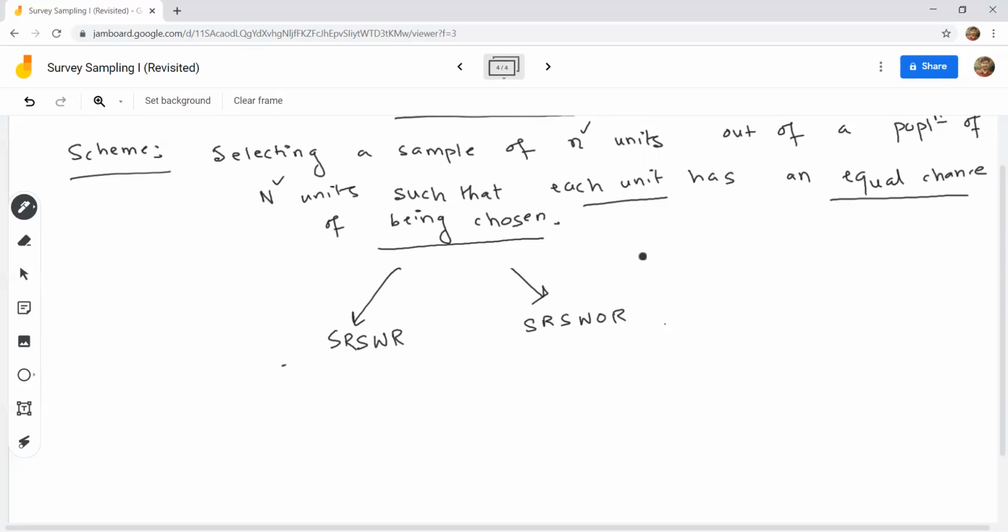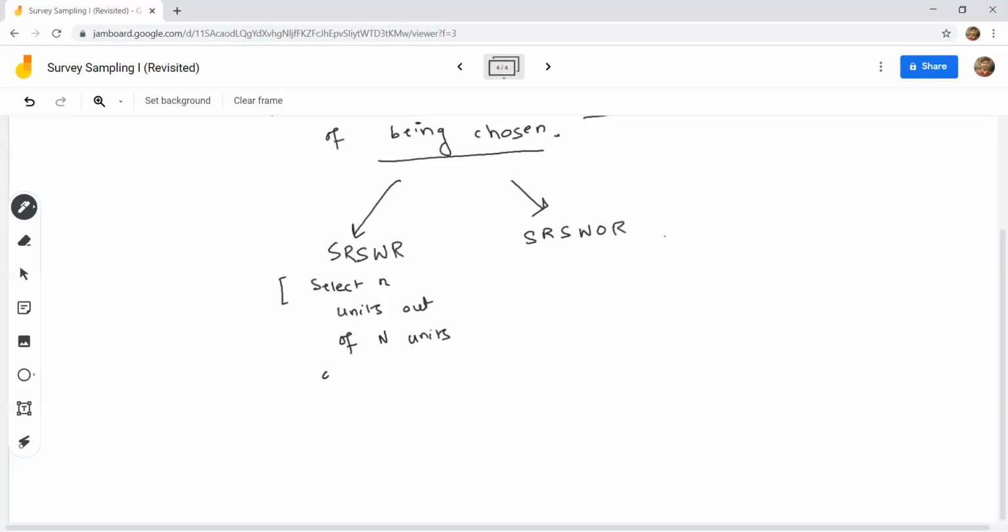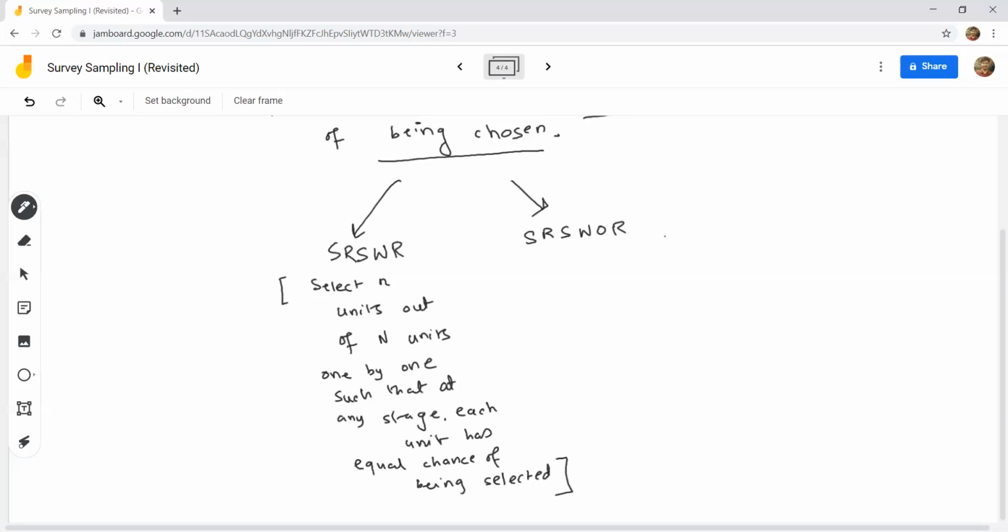So what is done in SRSWR is that you choose or select small n units out of capital N units one by one, such that at any stage each unit has equal chance of being selected.